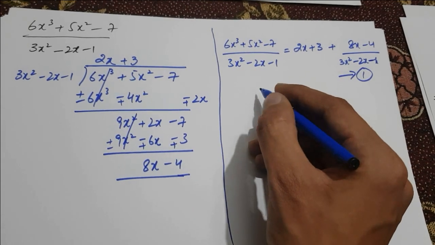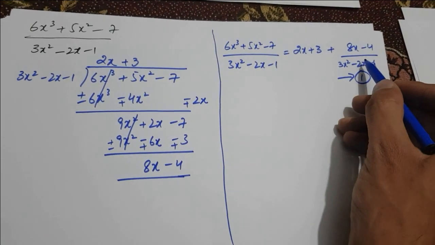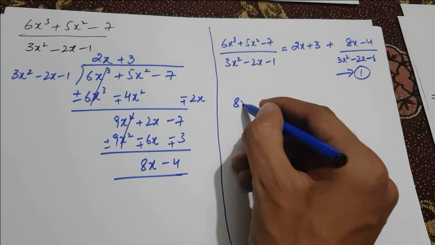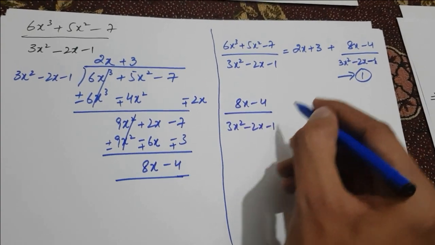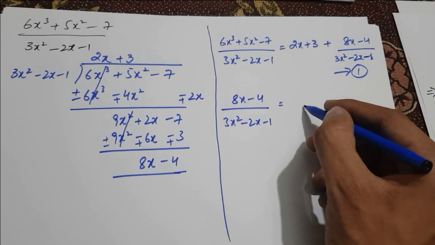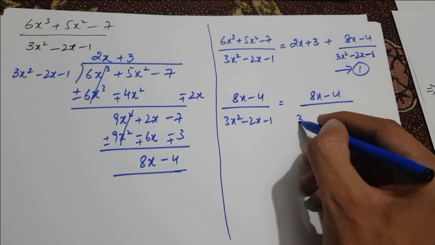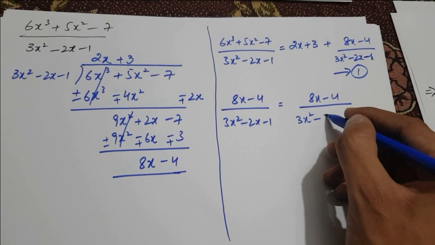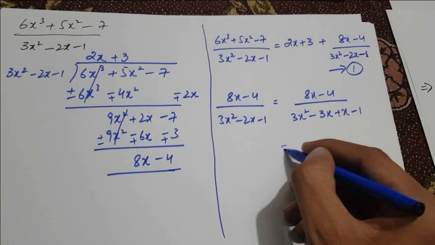So now we have to make partial fractions of the term consisting of the proper fraction, that is 8x minus 4 over 3x squared minus 2x minus 1. We can factorize its denominator as 3x squared minus 3x plus x minus 1.